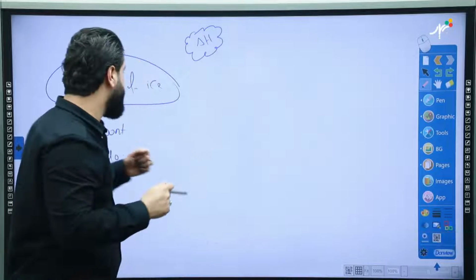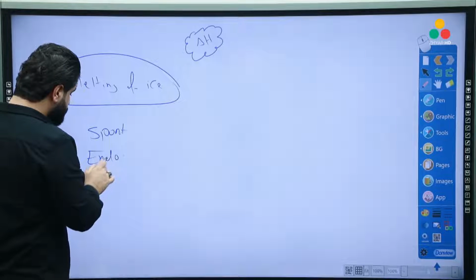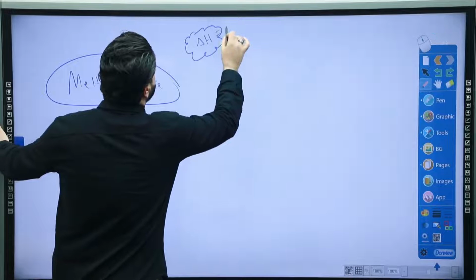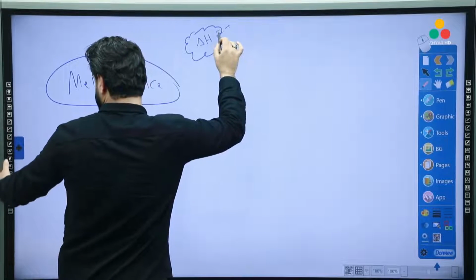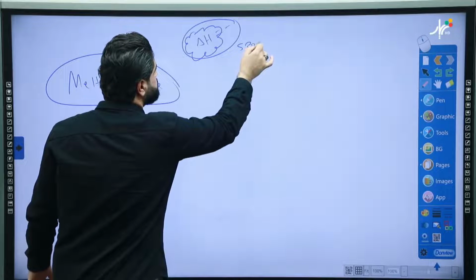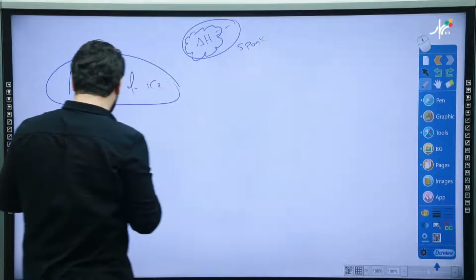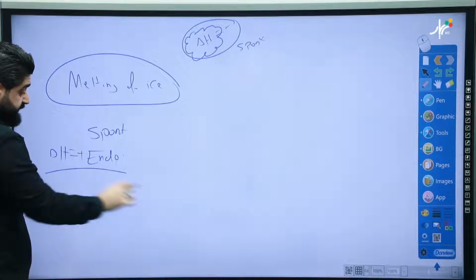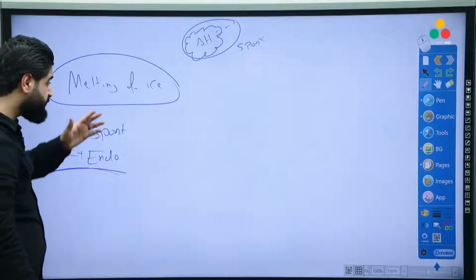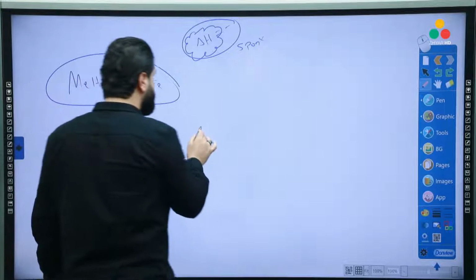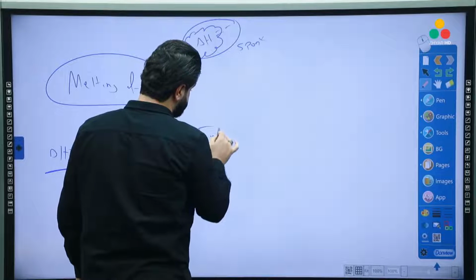We said that according to enthalpy, only those enthalpies that are negative will be spontaneous. But here we can see that delta H is positive and it's spontaneous. So there's another force that affects this process, which is called entropy.